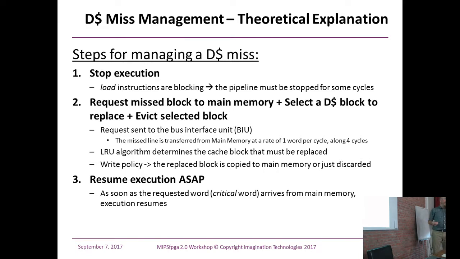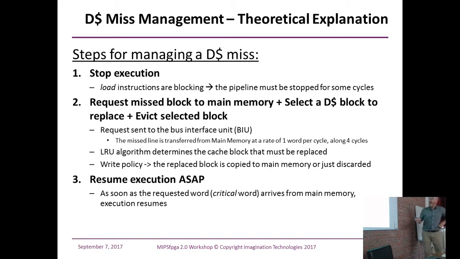But that's not all. We also have to select a cache block to replace. You remember that, right? When you want to insert a new block, maybe you need to replace another. There's a cache replacement policy that we'll see in a later lab that determines which block we are going to replace with a new block in the cache.